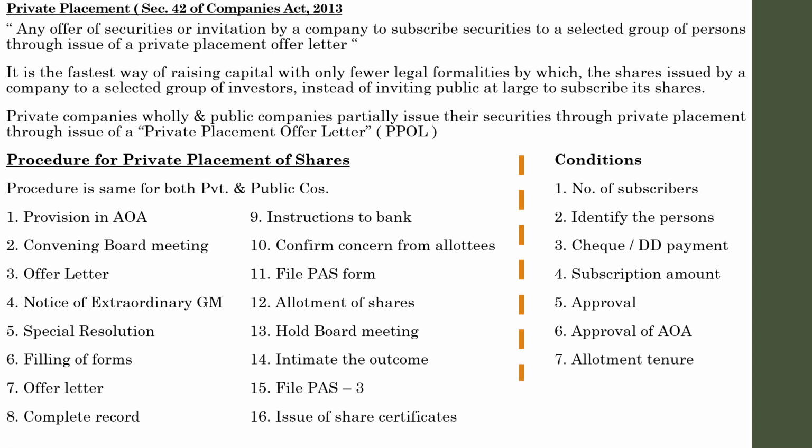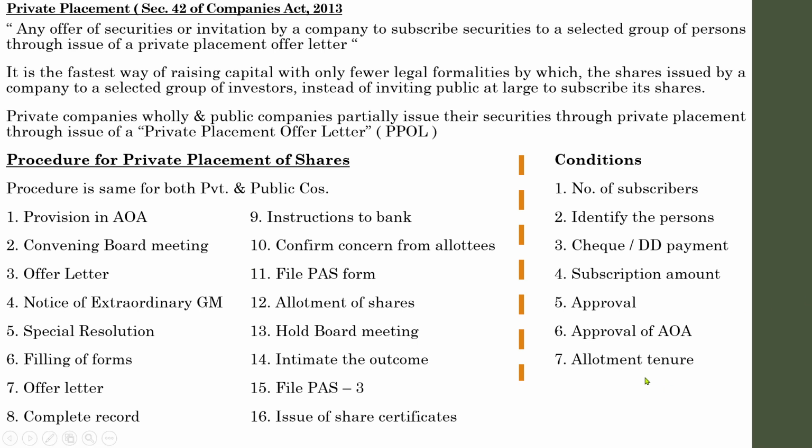Next one, tenure within which allotment has to be carried out. Allotment has to be carried out within 60 days or the money has to be repaid from the 75th day. In the discussion of procedure for placement, we have mentioned some of the days connected with various steps, and I have mentioned that you should follow the days correctly.